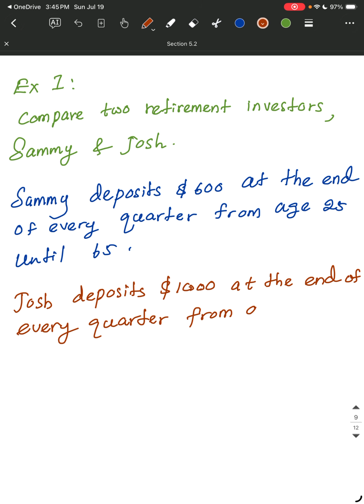Okay, who will have more money at age 65? Both accounts earn 6% per year compounded quarterly.